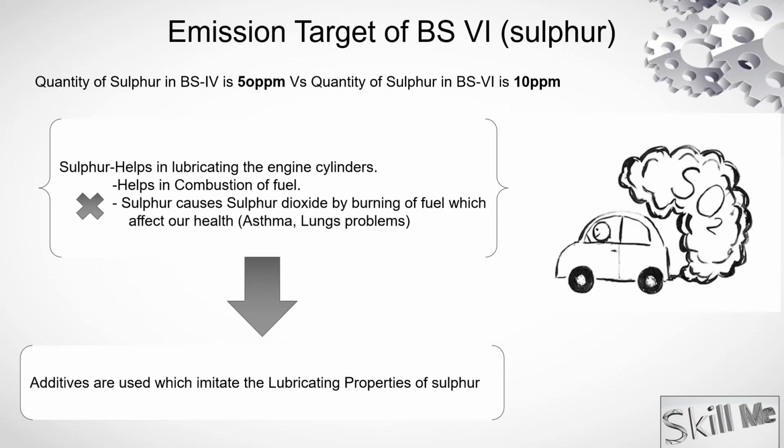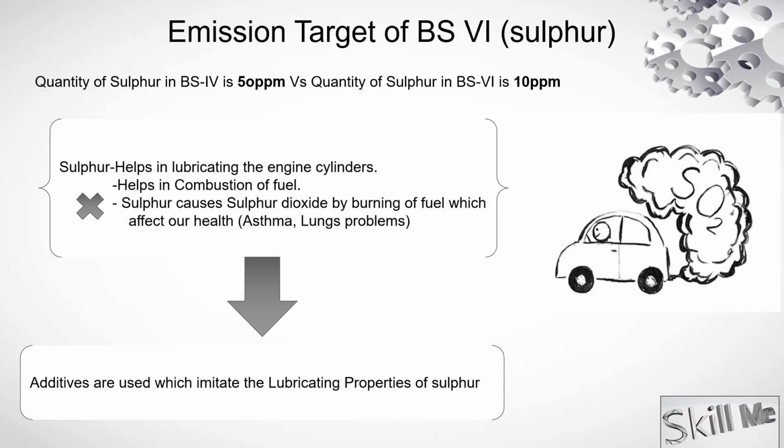So let's see why this is. Sulfur helps in lubricating the engine cylinders, which is very good. It also helps in combustion of fuel, which is also very good. But sulfur causes sulfur dioxide by burning of fuel, which has a bad effect on our health, and many problems related to the lungs, like asthma, can happen due to SO2.